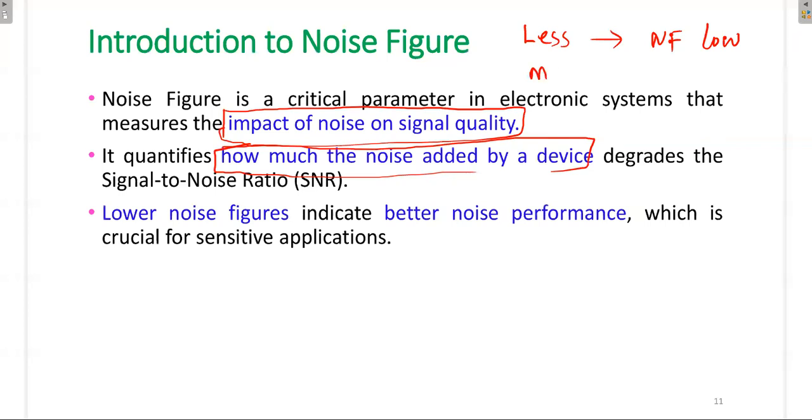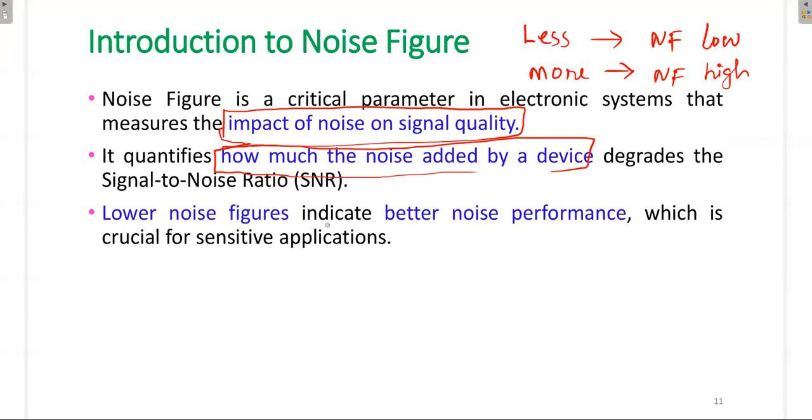If the noise figure value is more, it means the system is adding more noise, then noise figure value will be very high. So it is a direct measure of how much noise is added by the system.